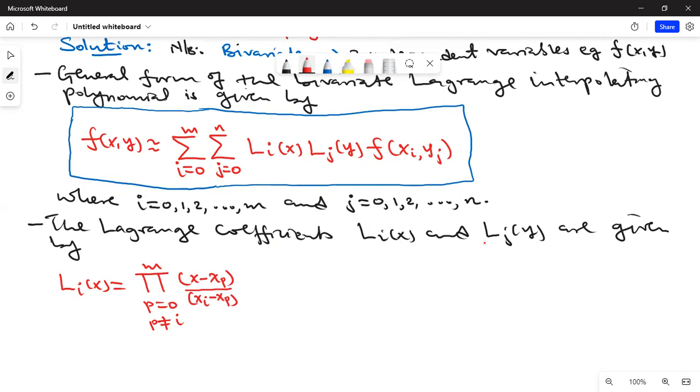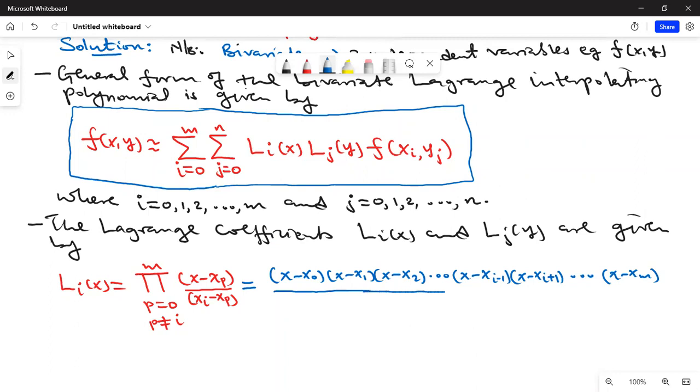Now let me expand it so that you see how it's written, because there's a product. This can be written as x minus x naught, x minus x1, x minus x2, and so many other factors in between. Then there is x minus x i minus 1, x minus x i plus 1, and so many other factors up to the last one, x minus xm.